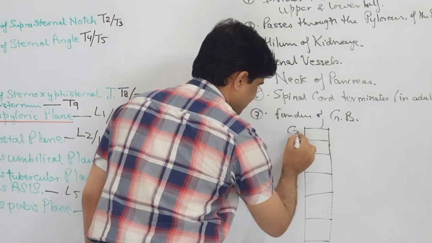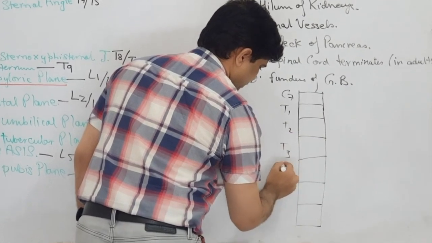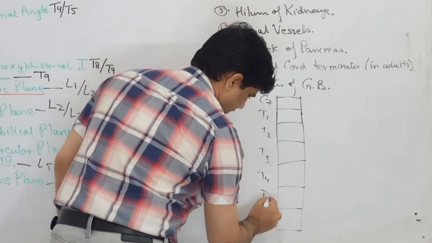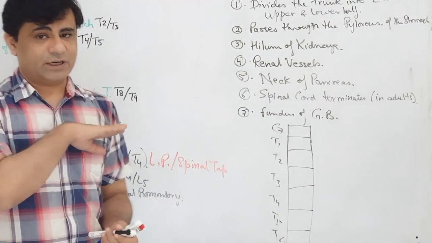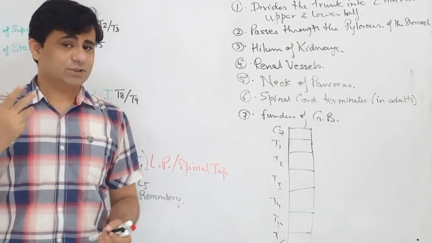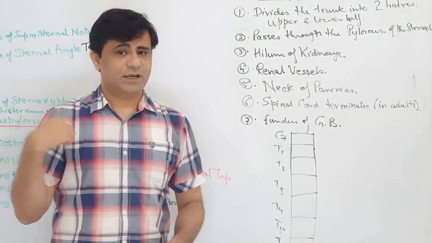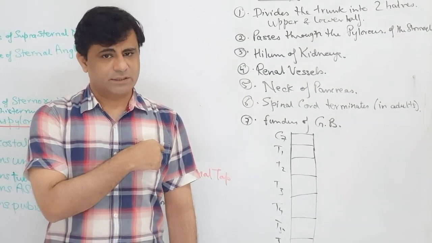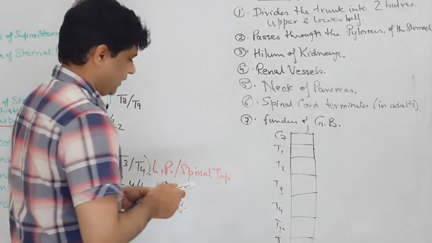So this becomes C7. Then this is T1, T2, T3, T4, T5, T6, right? So another structural difference which I was talking about, happening at this level of the transverse plane passing through the sternal angle, is about the thoracic duct.